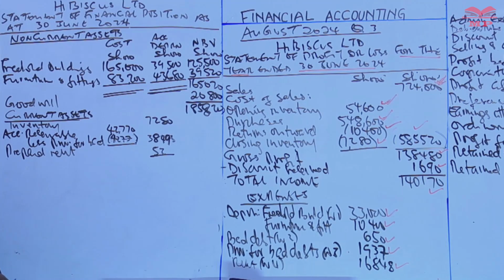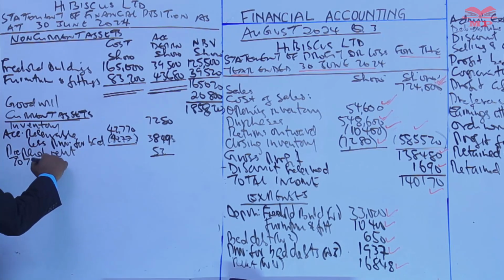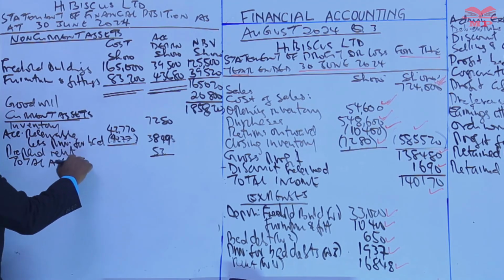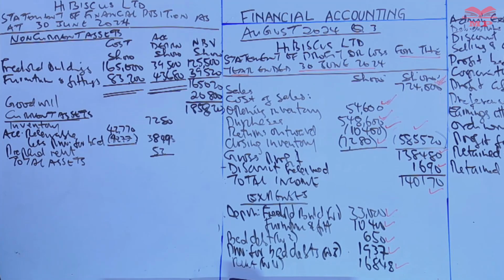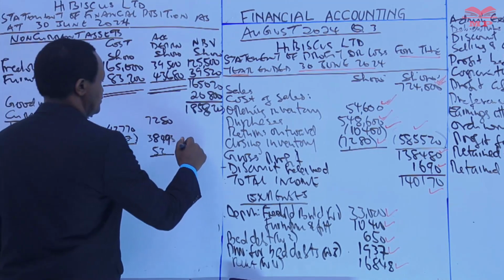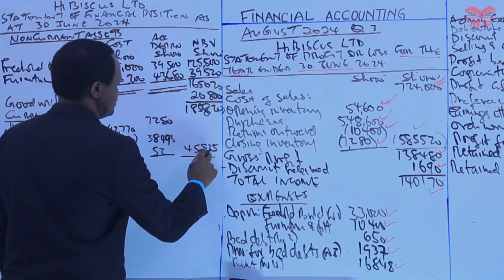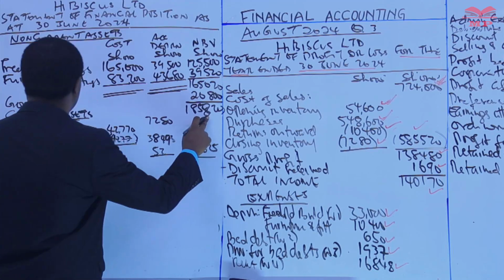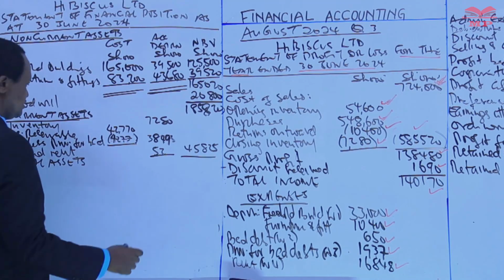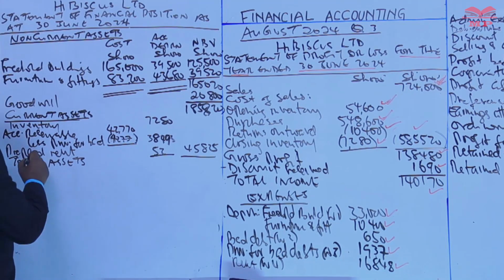So what is the total? Total current assets. Then we get the total assets, 45,825. To this 45,825, add the non-current assets to get the total assets.